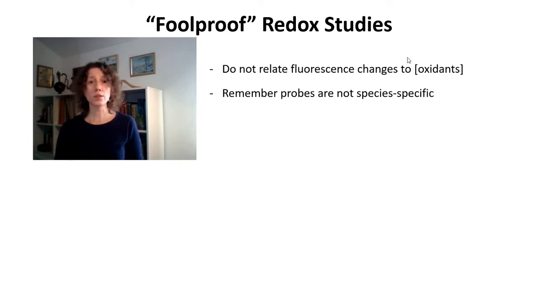Remember that all these probes and all the fluorescent proteins also tend to be non-species specific. So even though sometimes they're sold as being specific for superoxide or hydrogen peroxide or peroxynitrite or whatever, usually they're oxidized by more than one species. It's just a question of affinity. So don't rely just on probes to know the specific chemical species that you have.